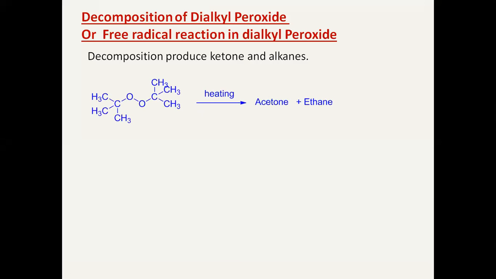Let us go for an example. You see tertiary butyl peroxide. What is the name? It's a tertiary butyl group, and it is the peroxide. So dialkyl means di-tertiary butyl peroxide. When you heat it, what products are we expecting? Acetone and ethane.